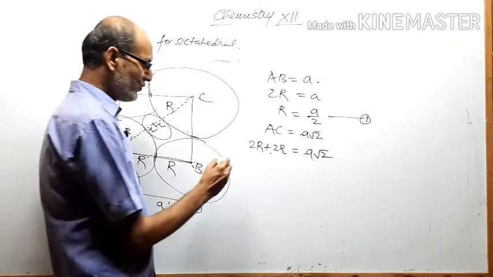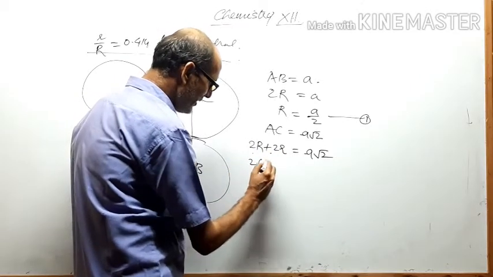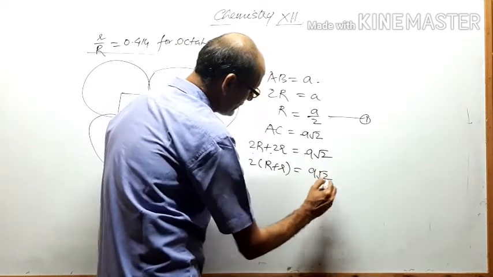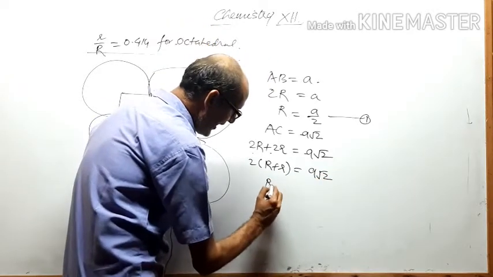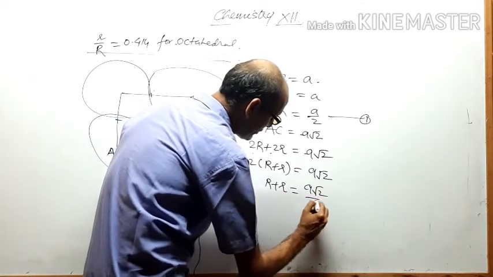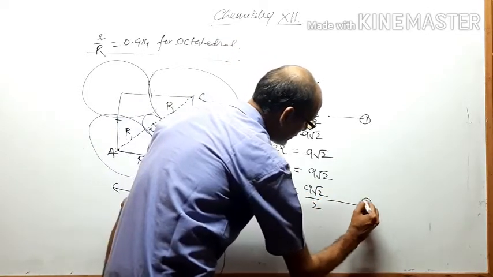Now you have to solve this. 2 is common, R plus r is equal to a root 2 by 2. This is your equation number 2.